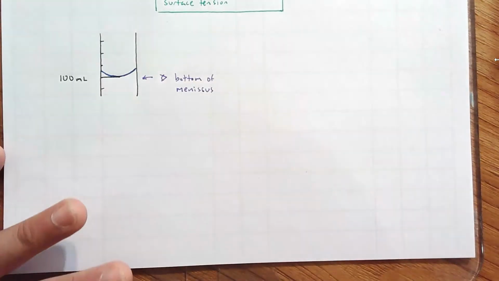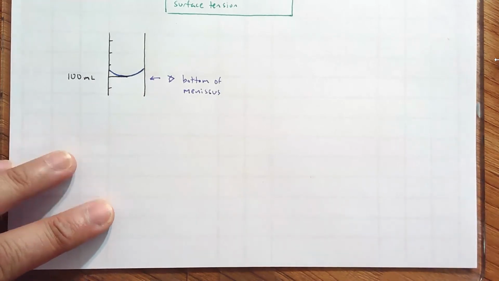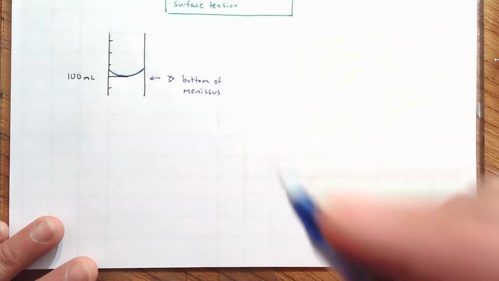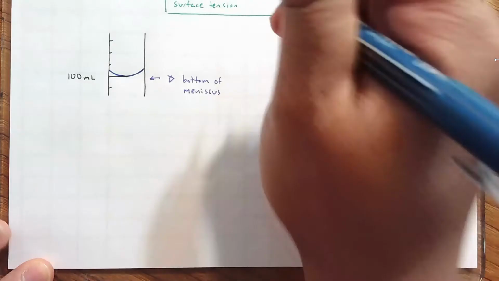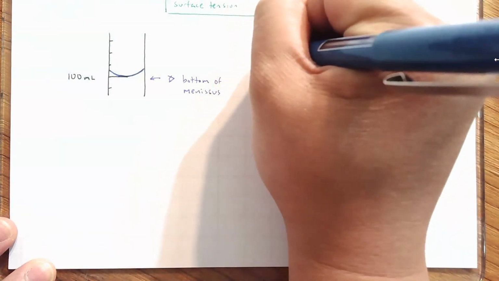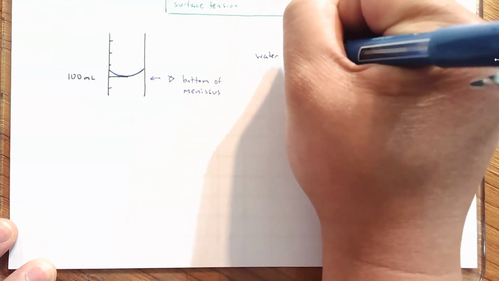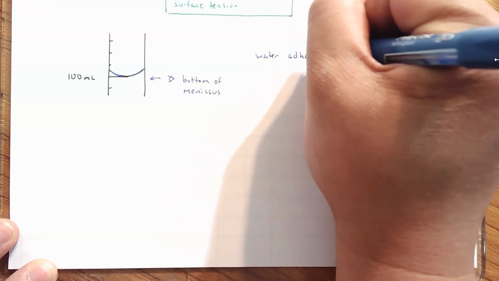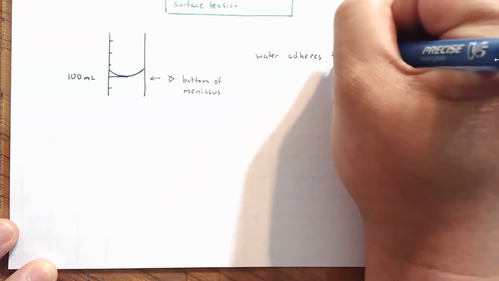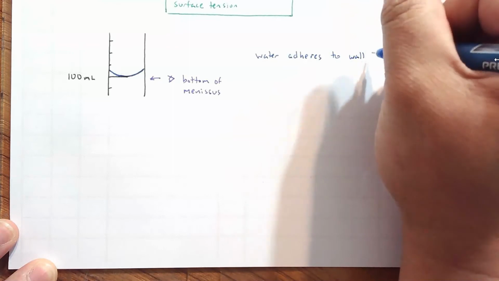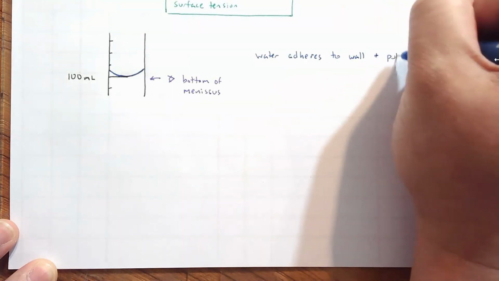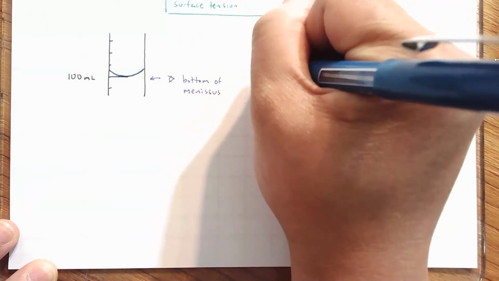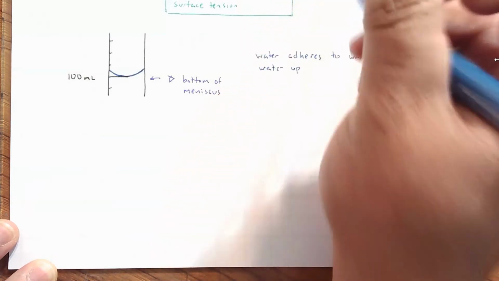Now, this is not an optical illusion. It's not a trick of the eye. The water molecules are actually crawling up the sides, and water, what's called, adheres to the wall. I'll give you the definition for adhesion in just a bit, but the verb is adheres to the wall and pulls water upward. Again, due to surface tension.